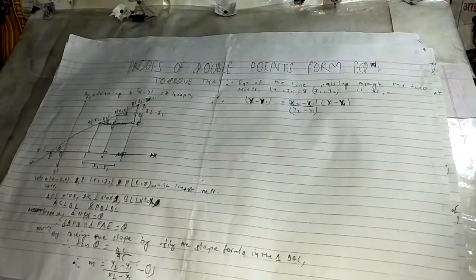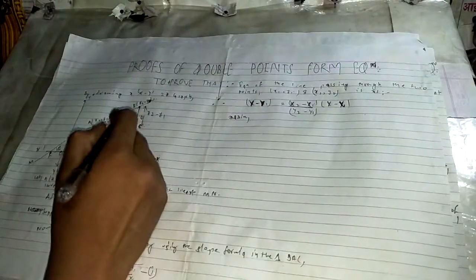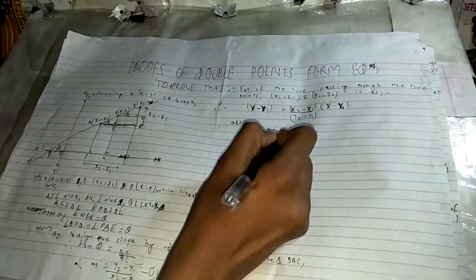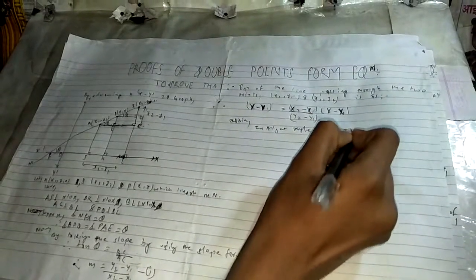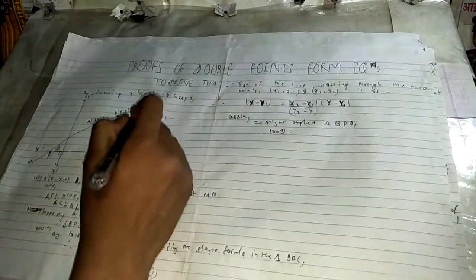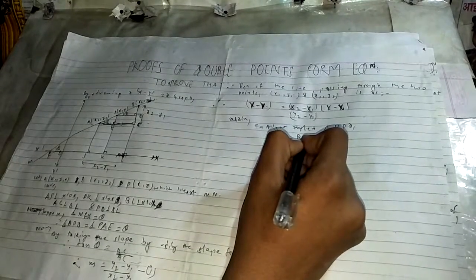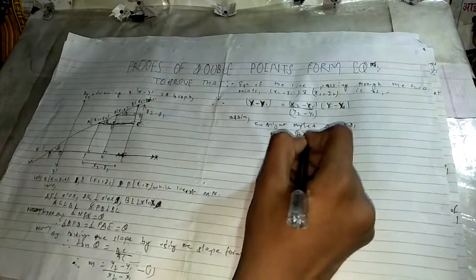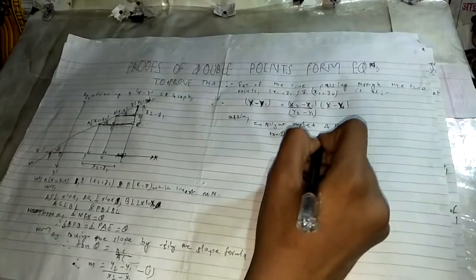Taking it as equation 1. Again, in the right angle triangle BPD, tan theta equals BD by PD, because this is rise and this is run.